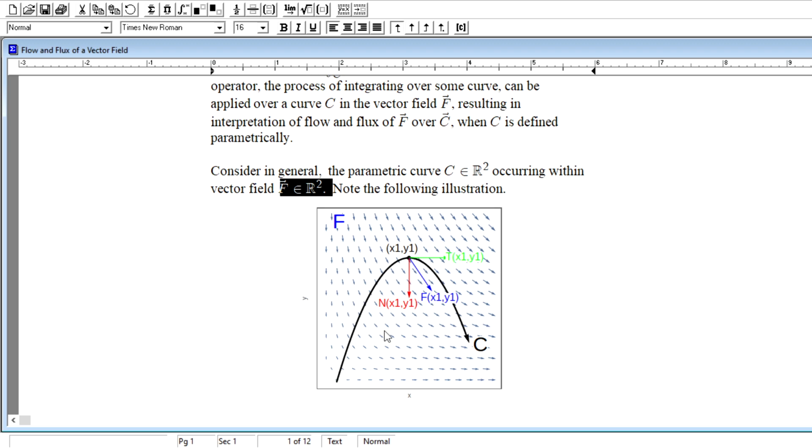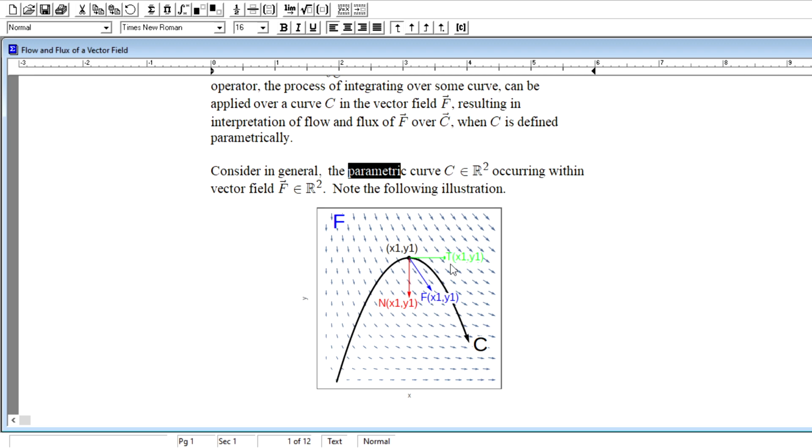Note this illustration right here. Here we have our vector field F, and in that vector field we have this parametric curve C. By parametric, it does have an orientation within this system, and we can see here the forward orientation is moving us in this direction along that curve.